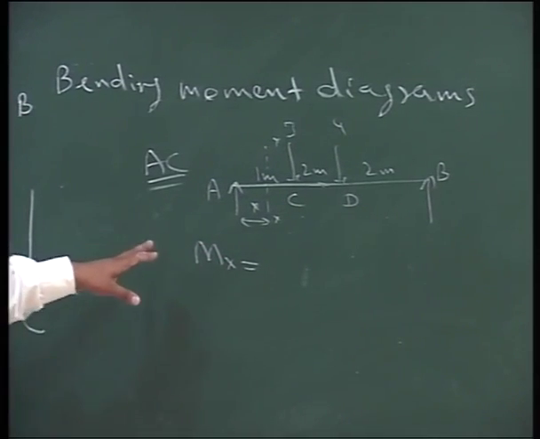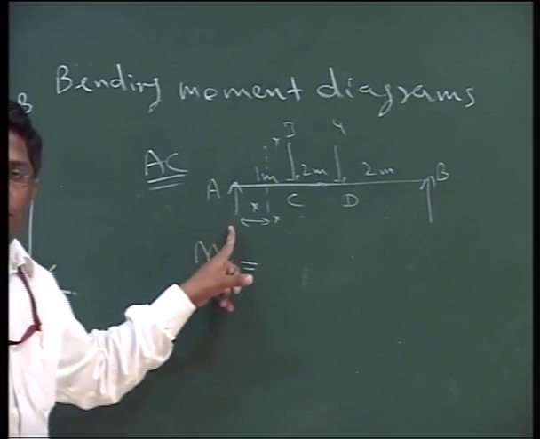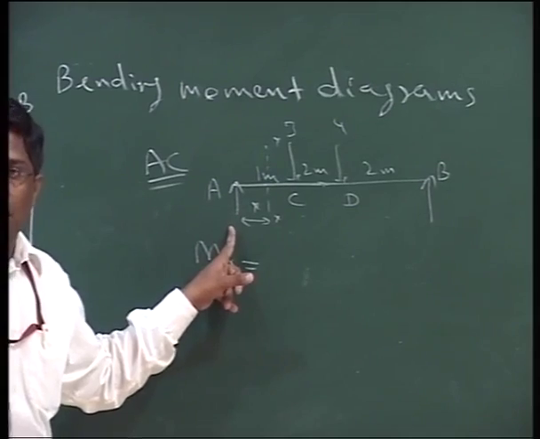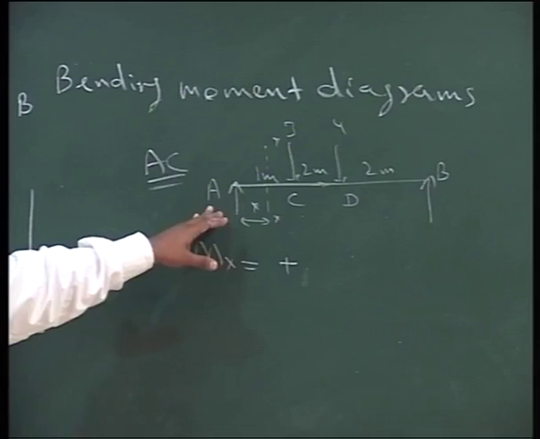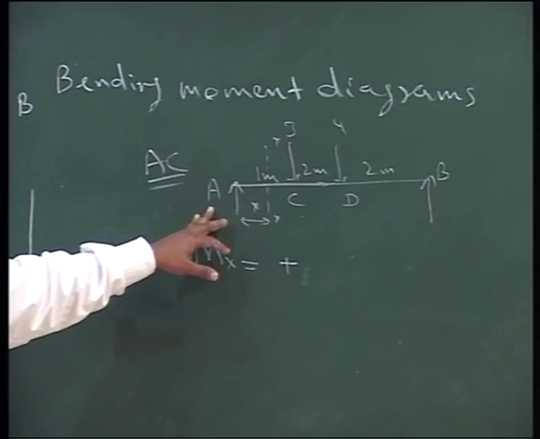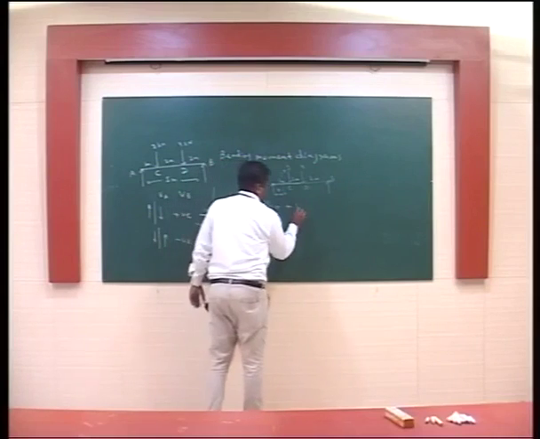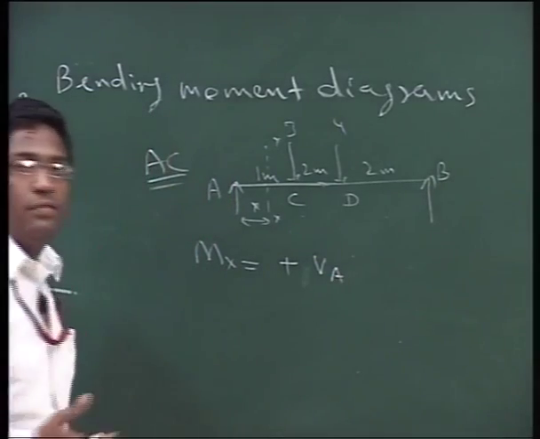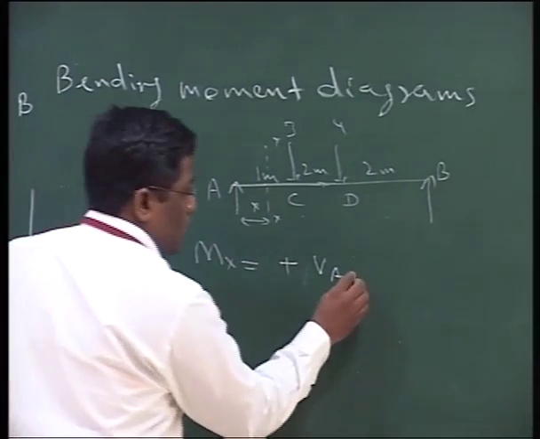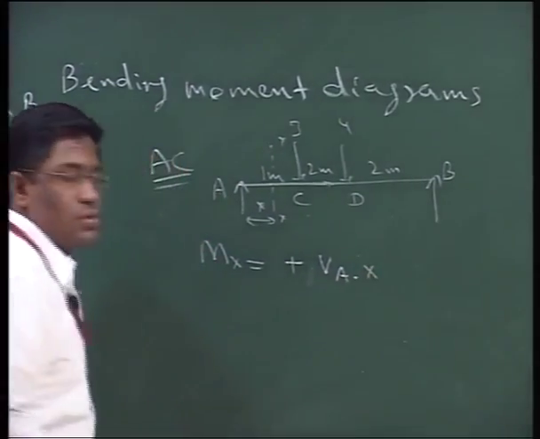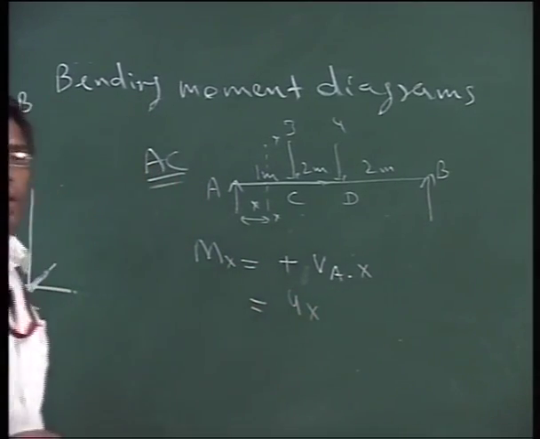As we can quite easily see earlier when we were analyzing this portion AC, there is only one force on the left side of this particular section, and from our sign convention of bending moment, it is causing the upward bending moment. So it is VA, and the formula of bending moment is force into distance, and the distance is nothing but x meter. So now we can quite easily say that the equation which comes is 4 into x.